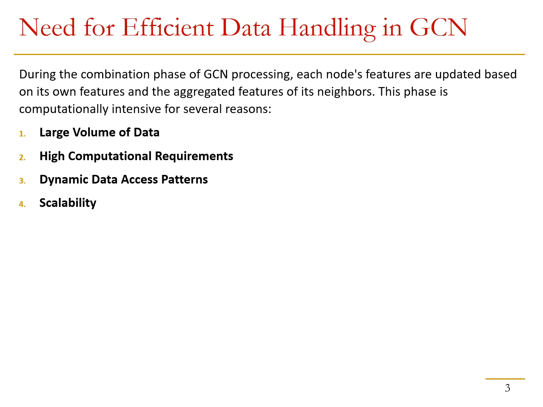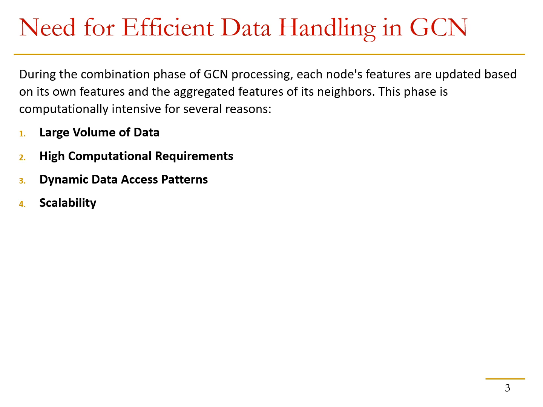Number two, high computation requirements. The combination phase involves matrix multiplication and operations that are resource intensive. Efficient data handling ensures these operations perform quickly, improving the overall speed of the learning process. Number three, dynamic data access pattern.